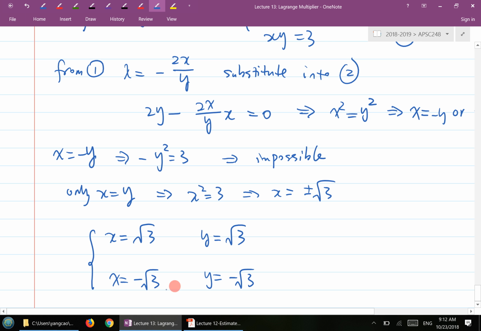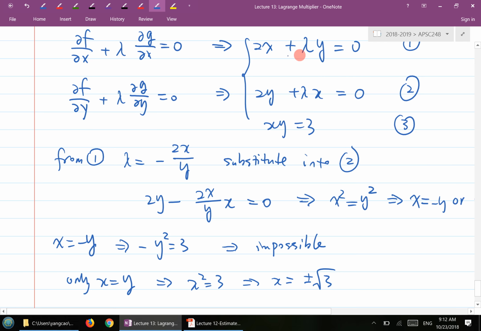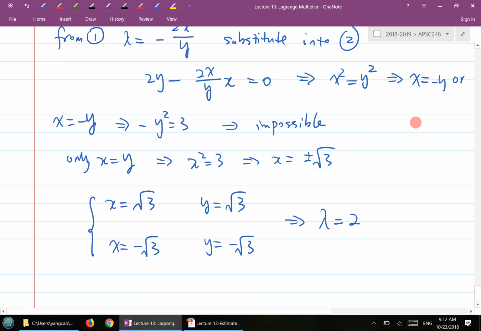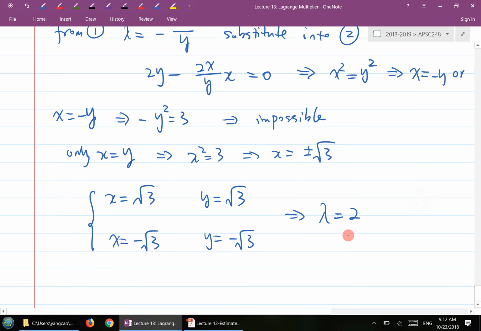One is at this location, and one is at this location. And you can also calculate lambda for either pair of x, y here. Your lambda will always be 2. So you can substitute x or y into equations 1 and 2. You solve, you get lambda equal to 2. Okay. So now you've got the solution.